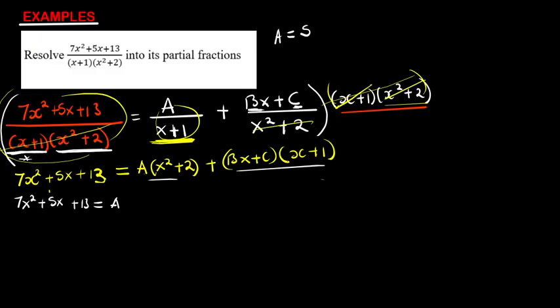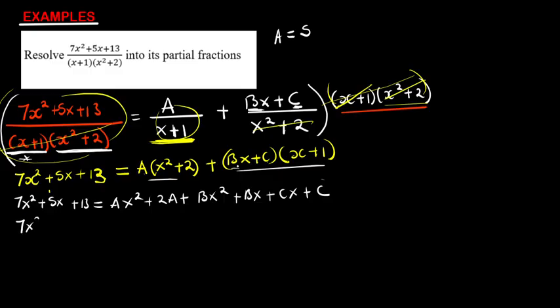So in here we have 7x squared plus 5x plus 13 equal to, so a times that to be ax squared plus 2a, plus bx times x, meaning it will be bx squared. Then this times that, it will be bx. Then c times that, it will be plus cx, then plus c. So that is the thing that you have.